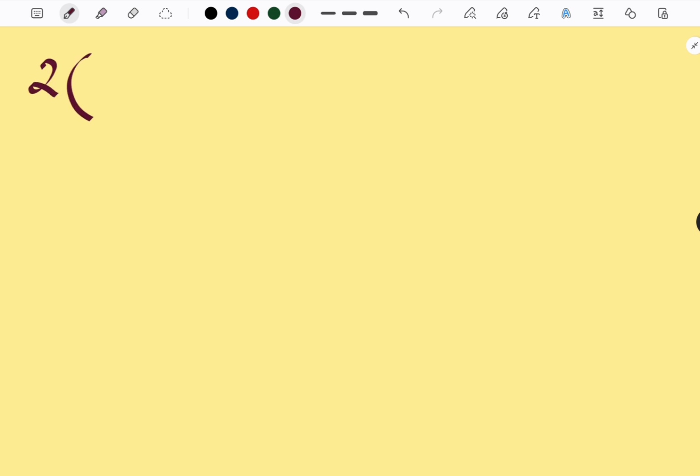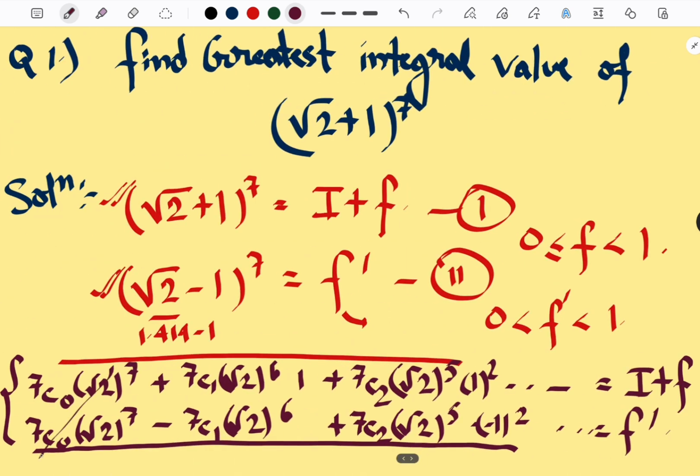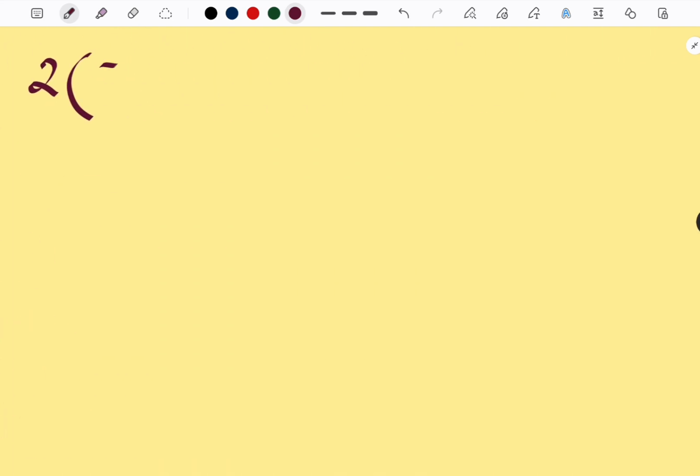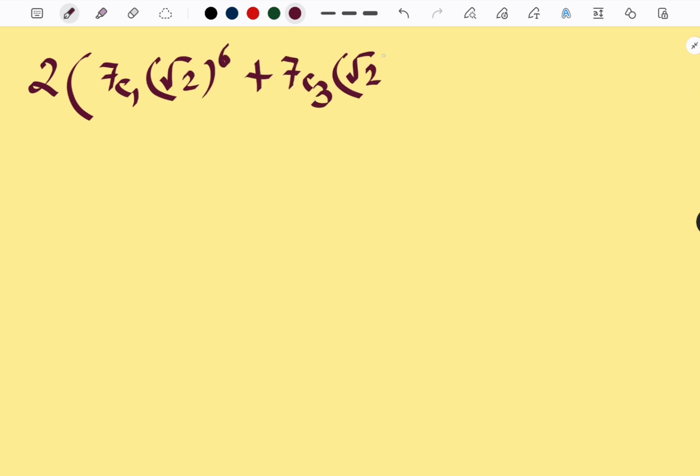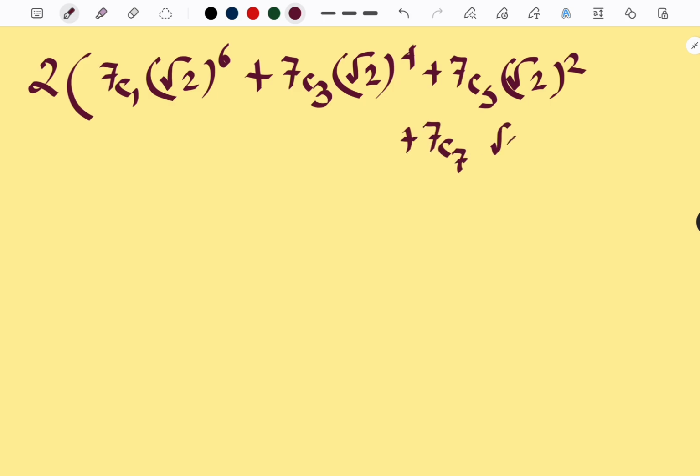There will be a 2 obviously. Now see, this will get cancelled, this will get cancelled, so what will be left out? √2 to the power of all the evens: 7C1 (√2)^6, 7C3 (√2)^4, again 7C5 (√2)^2 plus 7C7 (√2)^0. So this value will be equal to I plus f minus f'.